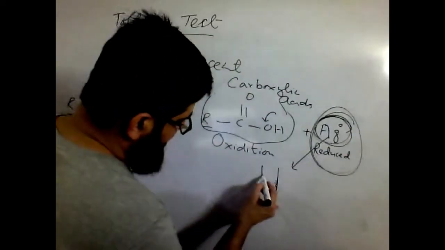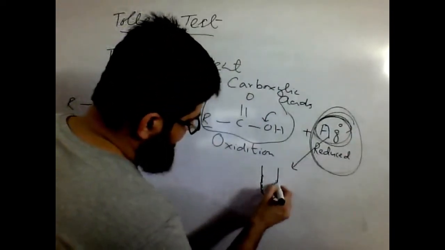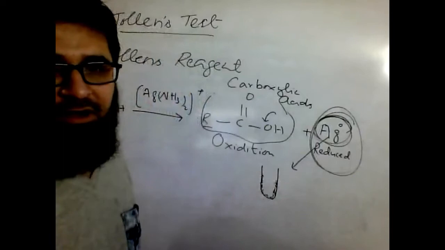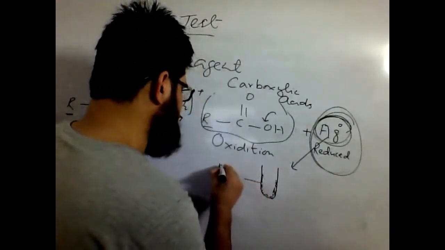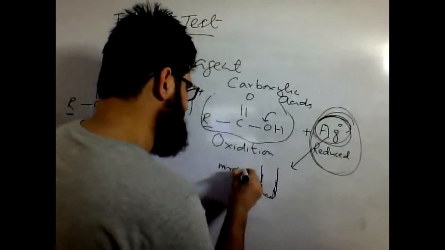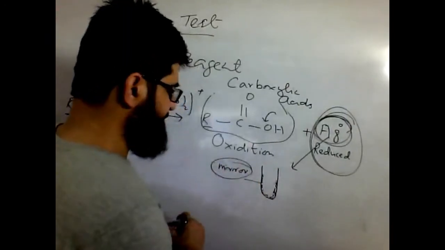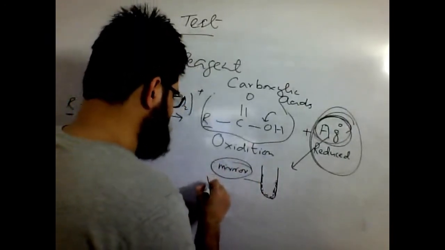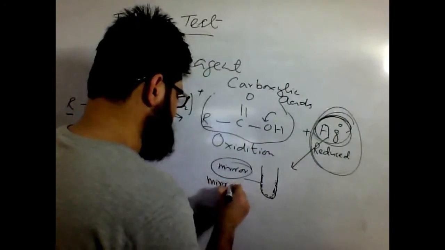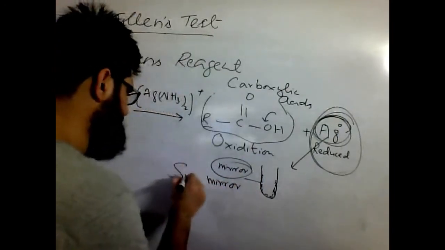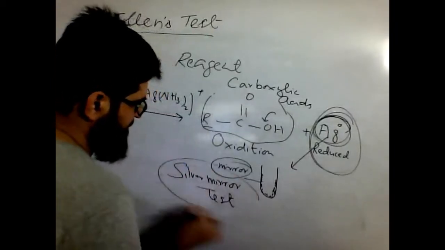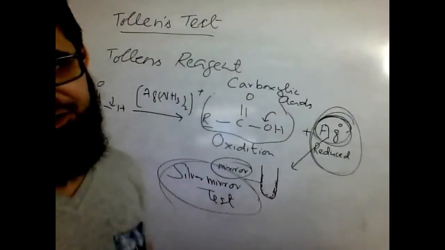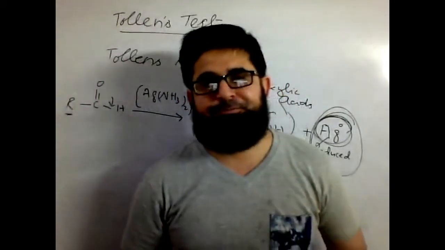That general form of the silver gets deposited along the walls of the test tube, and it appears like a mirror. That is why it's also called silver mirror test as well. So Tollen's test is also called silver mirror test.